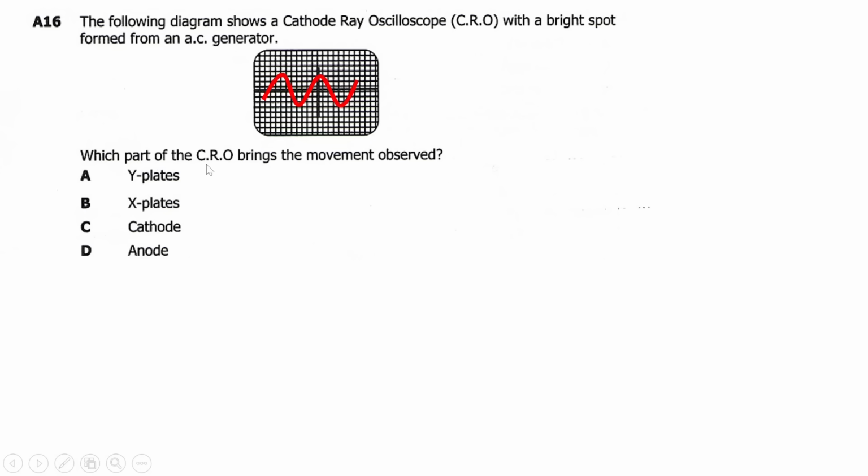So if they ask which part of the cathode ray oscilloscope brings the movement observed, it should be both the Y plate and the X plate. So the answers here were two. If one put A, they can get it correct. If they put B, they can get it correct, because there was an error in this question.